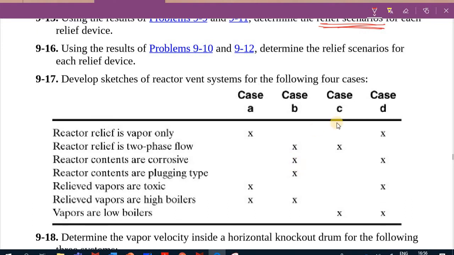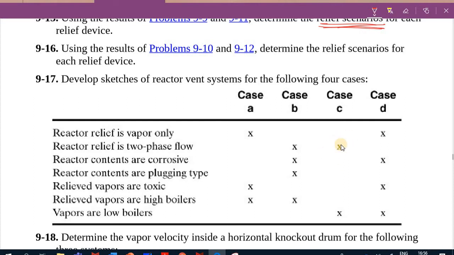Well, going to C, I have two-phase flow and vapors are low boilers. So in this case I think it's fine to use only the spring one, because we don't have any toxic or corrosive stuff as well. And of course all of them will be going through treatment before it goes to the flare.